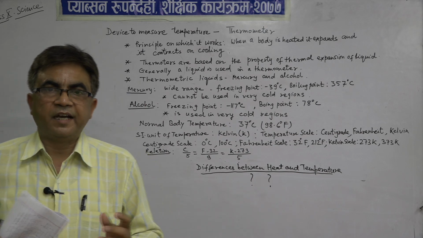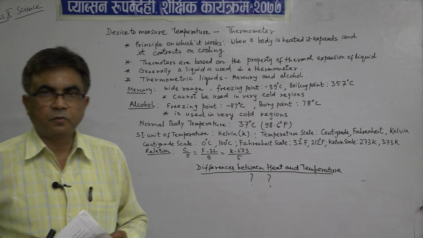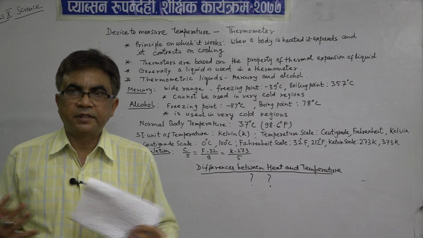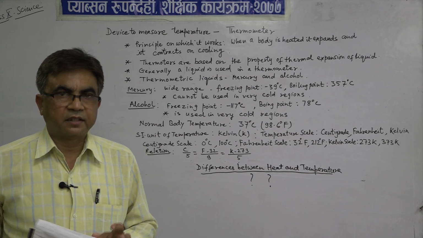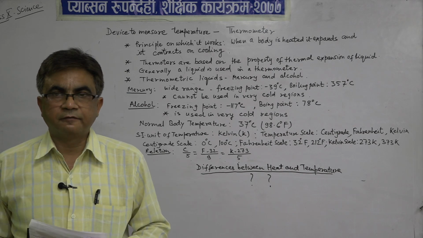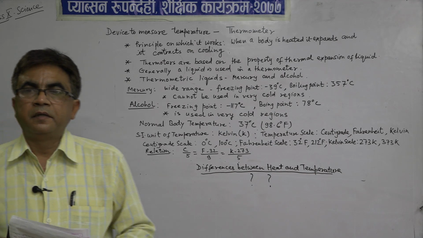Till now we have come to know what is heat, what is temperature, how these two terms are correlated. We have already come to know what the sources of heat are, and the importance of heat in our daily life.